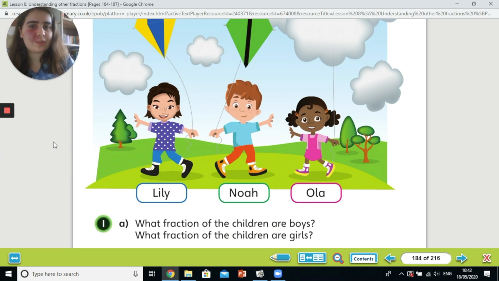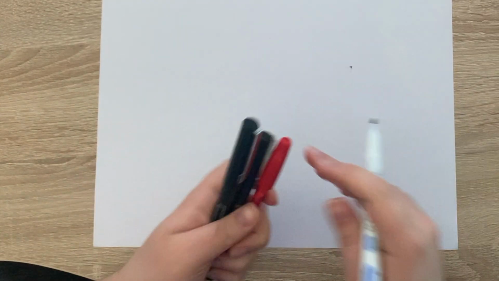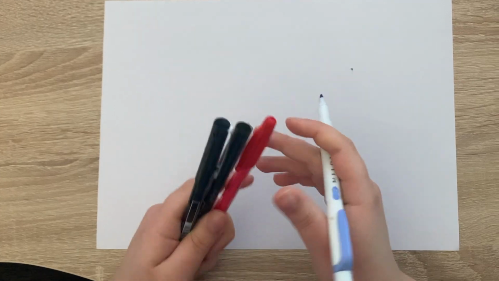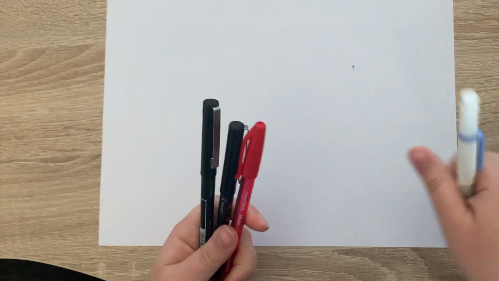Now let's have a look at this question. We've got 3 children here, Lily, Noah and Ola. Question 1a is asking us what fraction of the children are boys and what fraction of the children are girls. So let's build this using real resources we can find around our house. Let's find one thing to represent boys and one thing to represent girls.